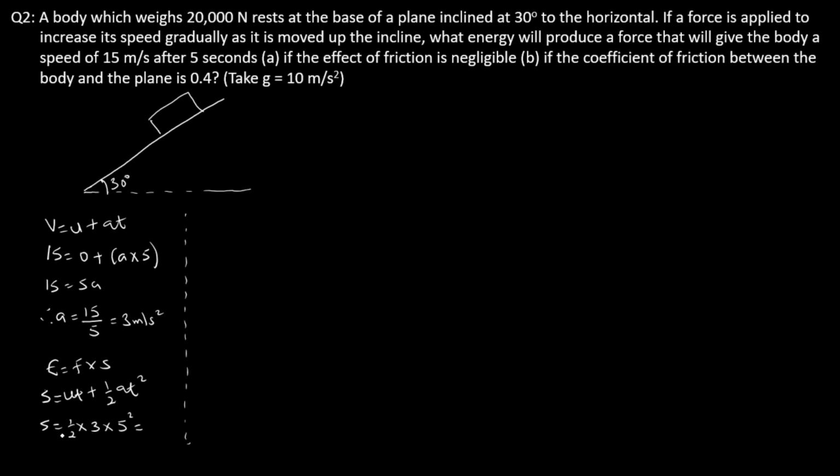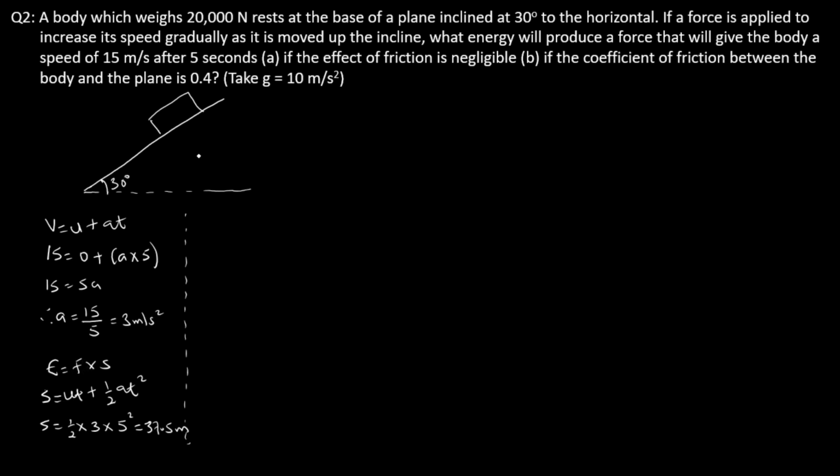Half times 3 is 1.5. 1.5 times 5 squared should give us 37.5, so we have 37.5 meters. So we have found the acceleration, we have found the displacement S. Let us find the force so that we can get the energy.